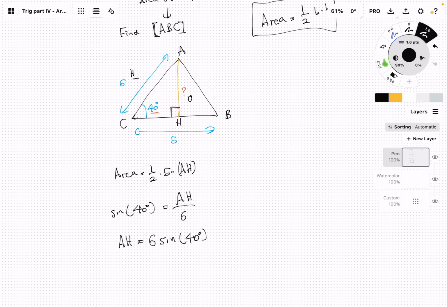And you plug this into your calculator, and you should end up with 3.8567.